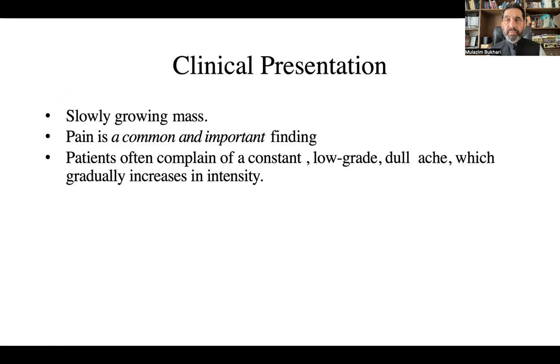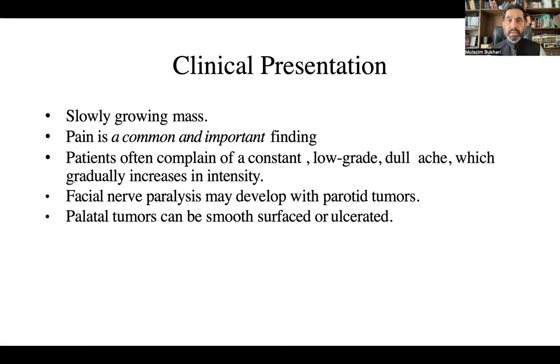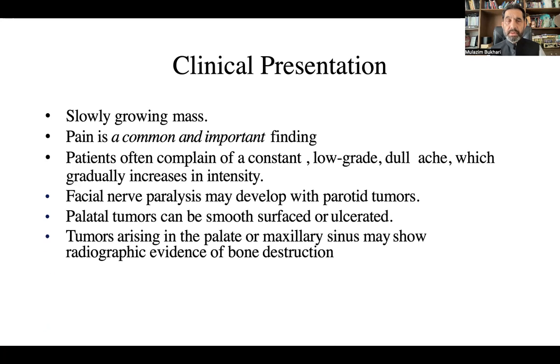The solid variant results in a poor prognosis with more aggressiveness. If it is present in the parotid, you can see facial nerve palsy, but if it is present in the minor salivary glands, it could be smooth and could be ulcerated.